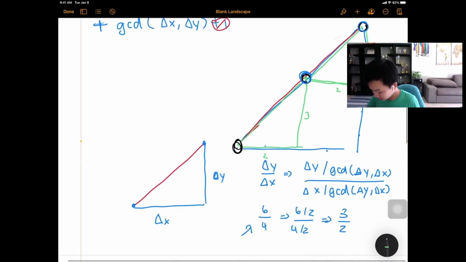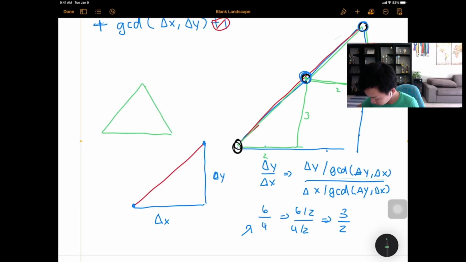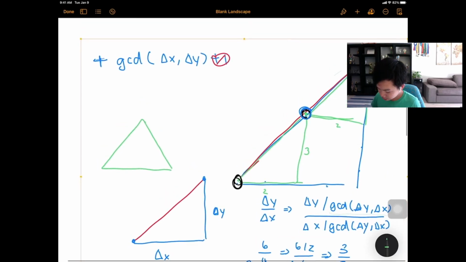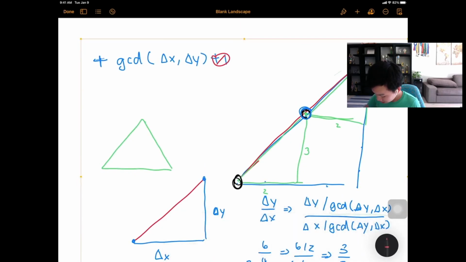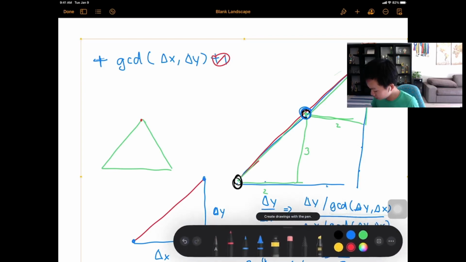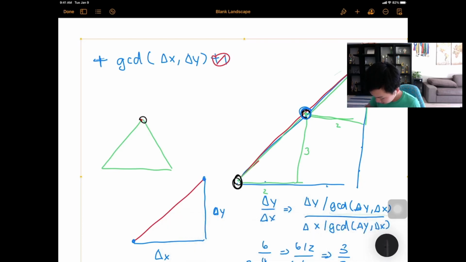So let's just say we have this triangle. Right now, let's just say we found, let's just draw the lattice points.